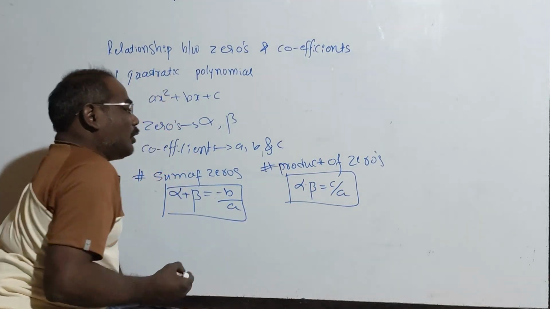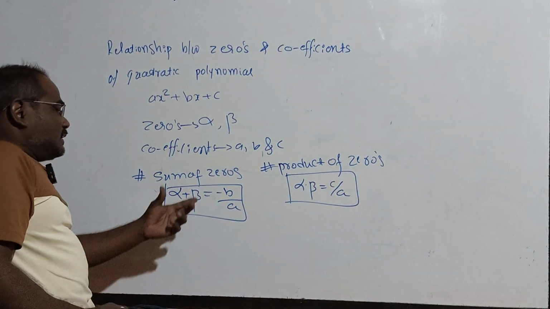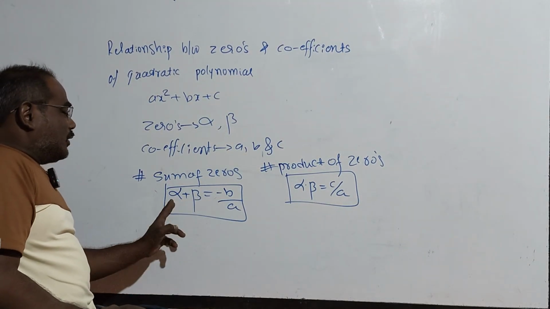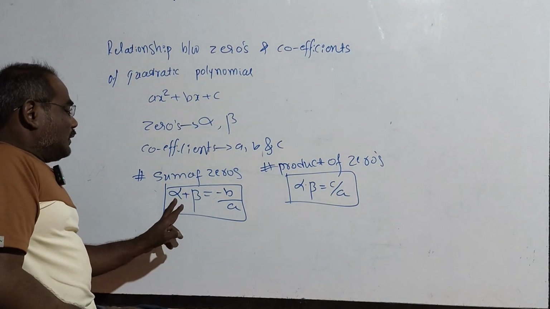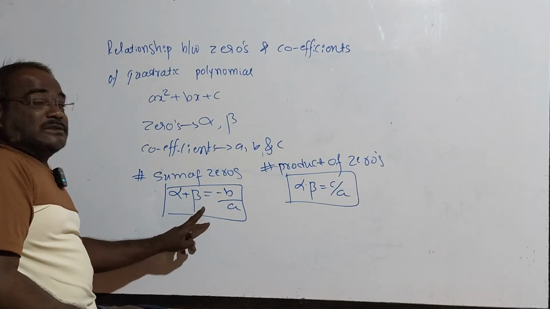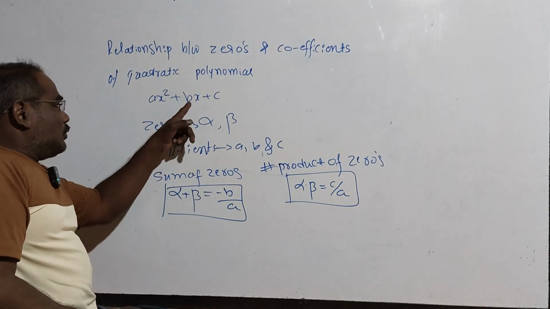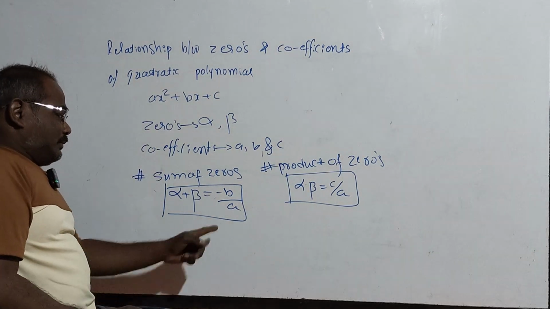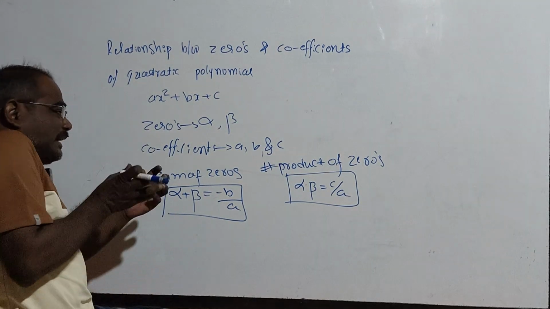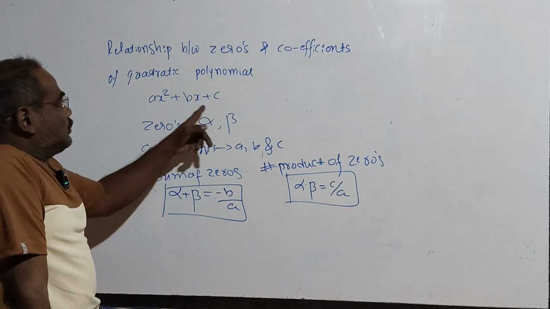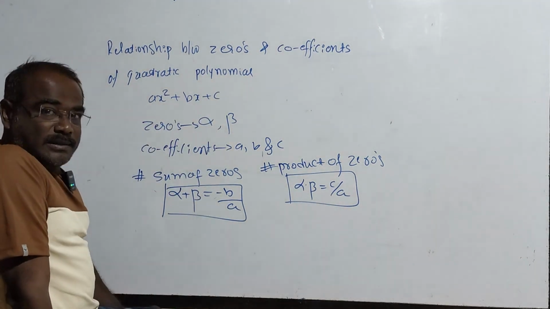product of zeros. Sum of zero means if we add two zeros, that is one zero is alpha and another one is beta, after adding these two, it is always equal to minus b by a. And if we multiply the zeros of a quadratic polynomial, it is always equal to c divided by a.